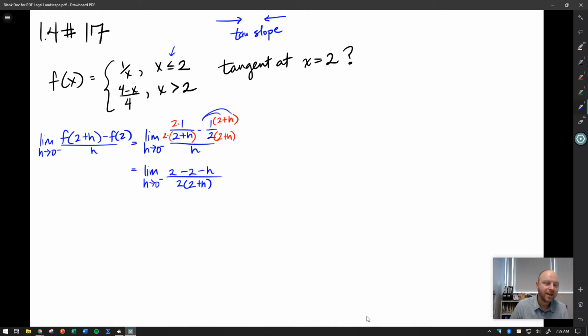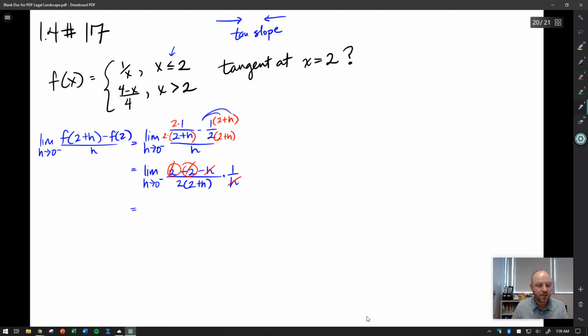Then instead of making another complex fraction where we divide everything by h, I'm going to multiply by 1 over h, which is equivalent. Okay, what do we simplify now? 2 minus 2 makes 0. We see a negative h as a factor in the numerator and a positive h as a factor in the denominator. We can cancel that factor of h, leaving just a negative 1 in the numerator.